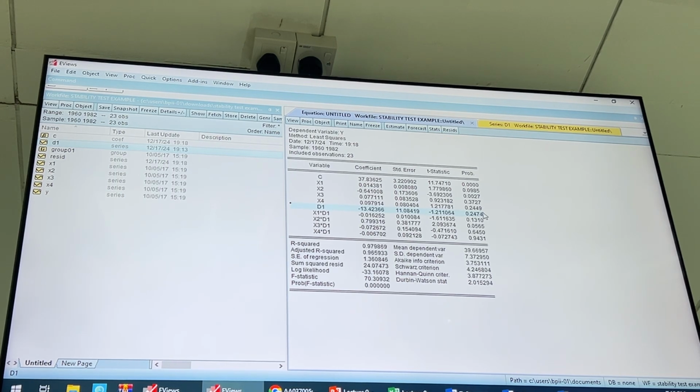Understand? For the independent variables, the additional part of the slope for x1 is also not significant at 10%. This one is not significant at 5%, but significant at 10%. Okay.